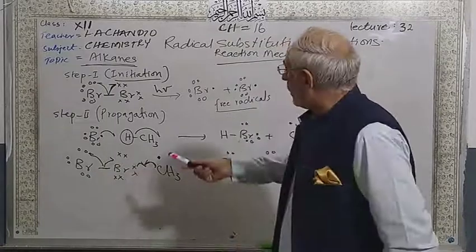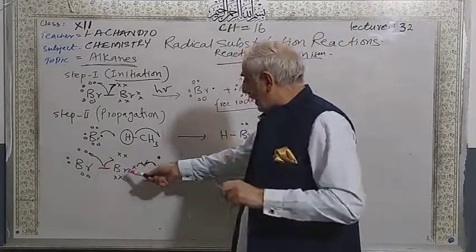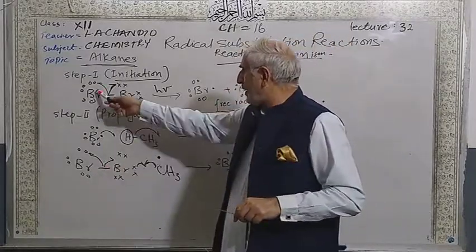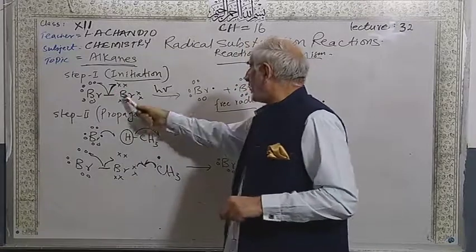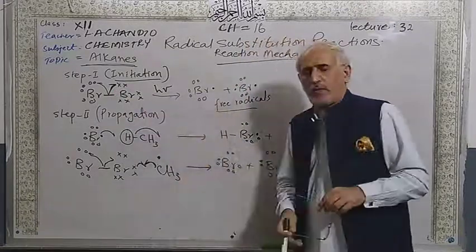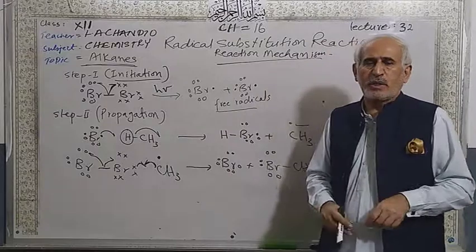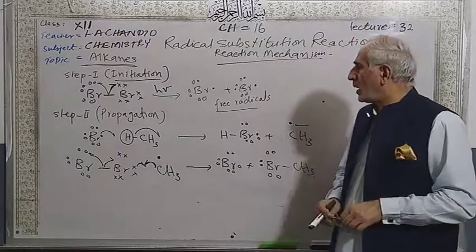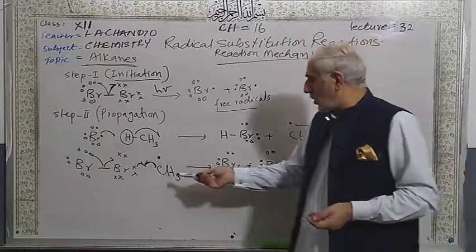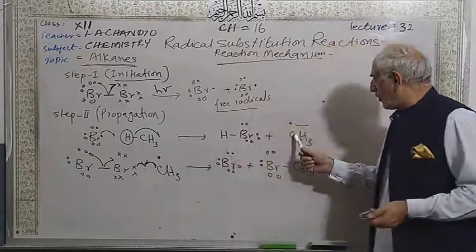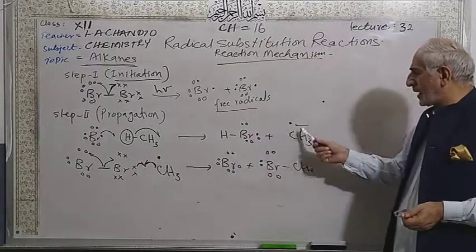So this is the bromine dissociation, the same as this. This cleavage happens in the presence of high temperature or sunlight. So this free radical is already present, which is very reactive in nature.